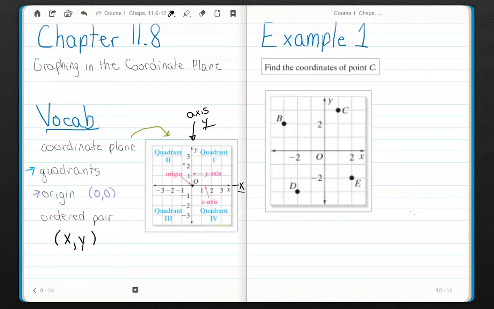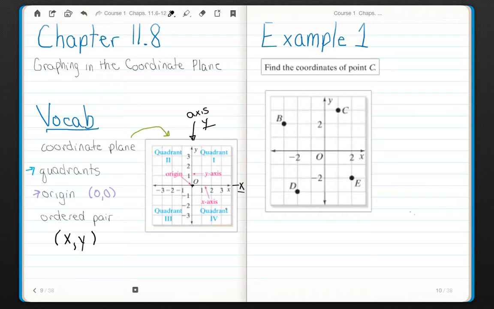As we go down, we count negatively, -1, -2, -3, -4, etc. The same thing with X: we count 1, 2, 3, 4 moving to the right, and -1, -2, -3, etc. moving to the left. Again, those numbers are written on the lines, not in the spaces. We do that so that we can identify where those two lines intersect.